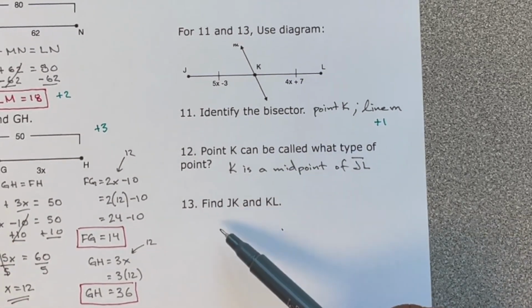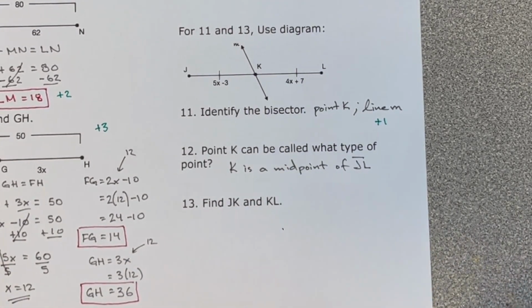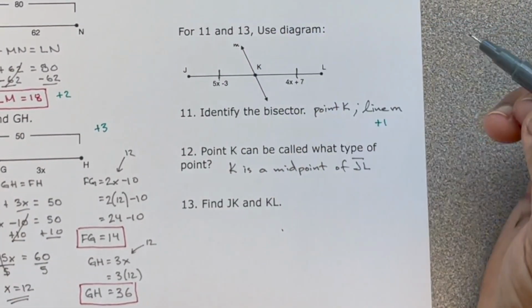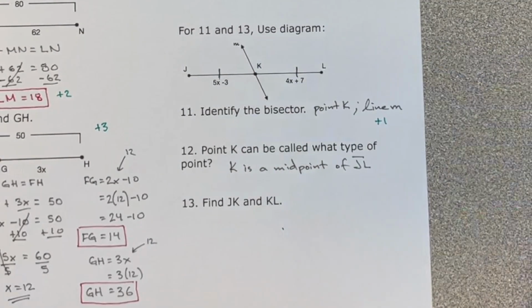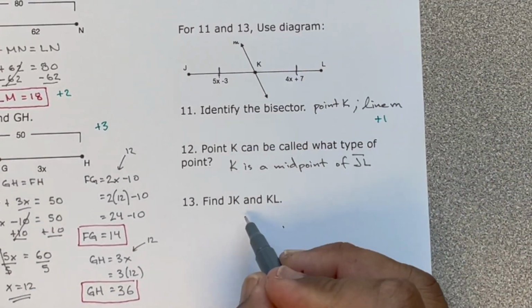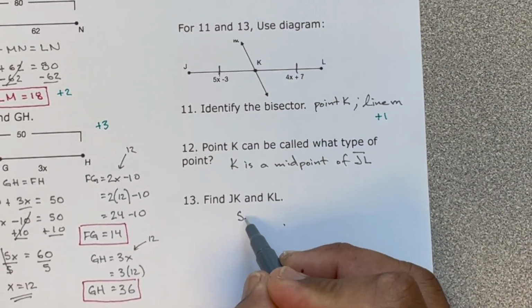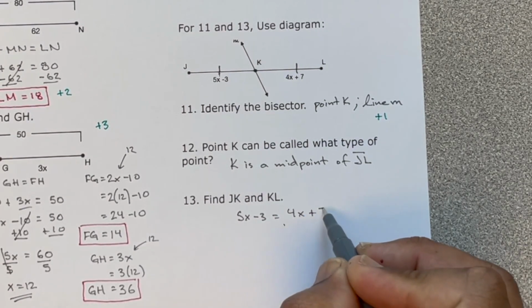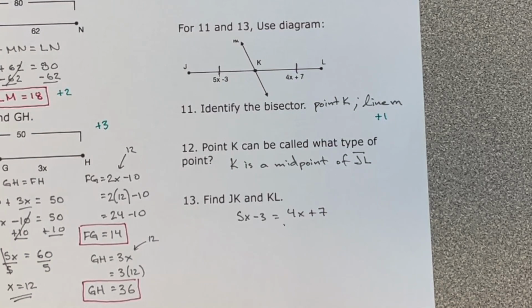Lastly, I need to find JK and KL. Again, because I have these two tally marks, it lets me know that these two parts are the same or equal. So JK, which is 5x minus 3, must be equal to 4x plus 7. So I'm going to solve for x, get the x's by themselves.